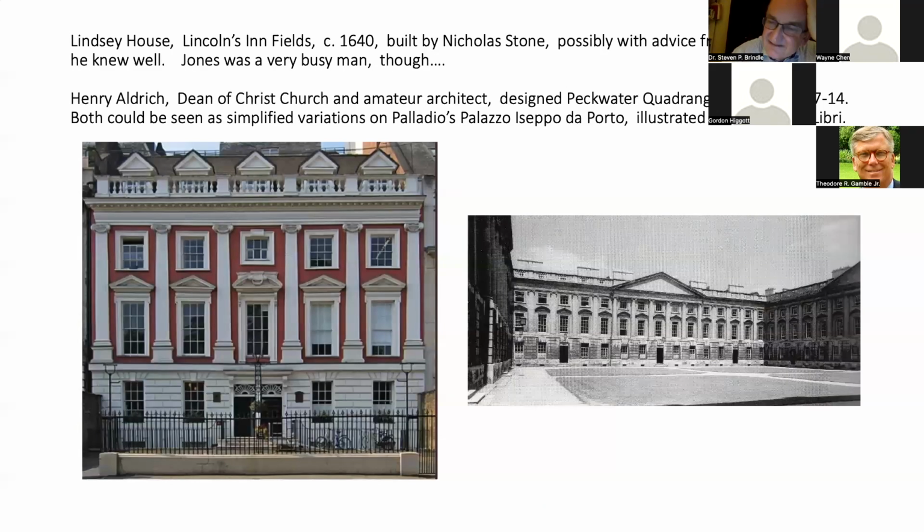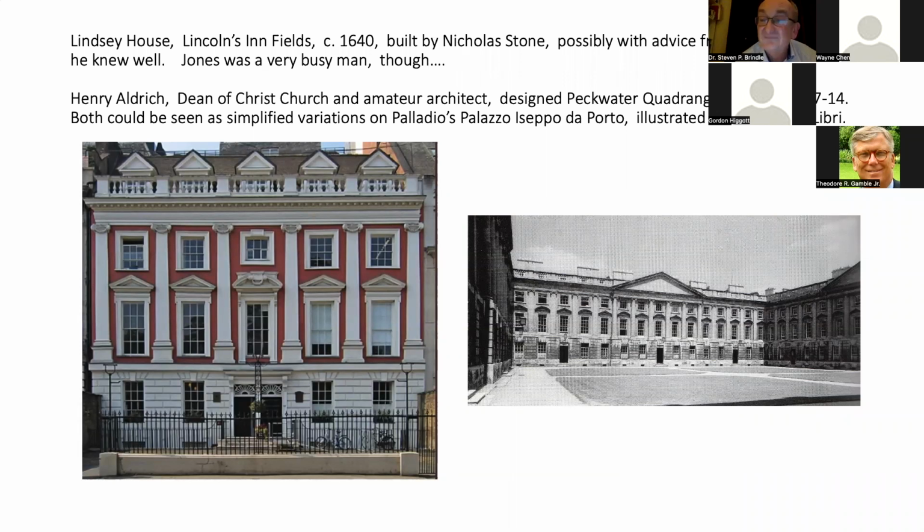But nevertheless, there is a sense that Palladian ideas and principles of design were beginning to percolate through late 17th century England. And this is something which long predates Lord Burlington, and there are a few other cases. So we might look, for instance, at this fine house in Lincoln's Inn Fields, possibly designed, possibly built by Nicholas Stone, the great mason contractor who actually built the Banqueting House for Jones and knew him very well.